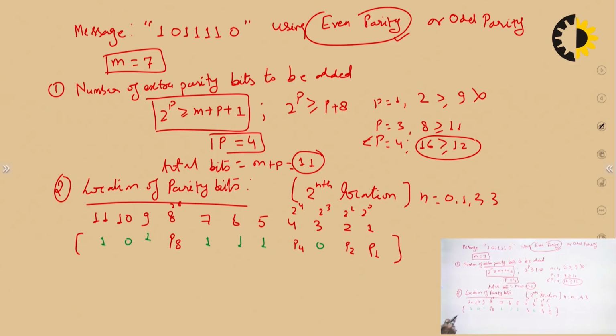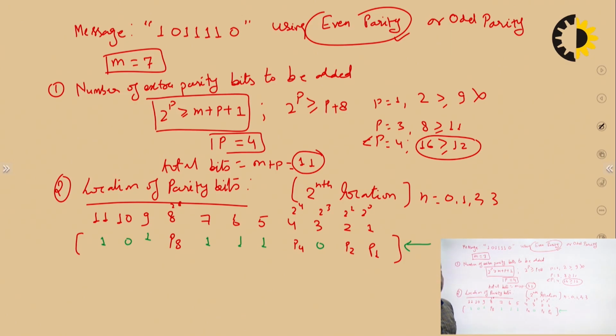So this now becomes the complete message which has to be transmitted through the channel from the transmitter. The positions are now noted here: 1 0 1 P8 1 1 1 P4 0 P2 P1.